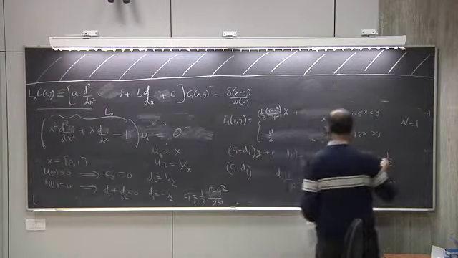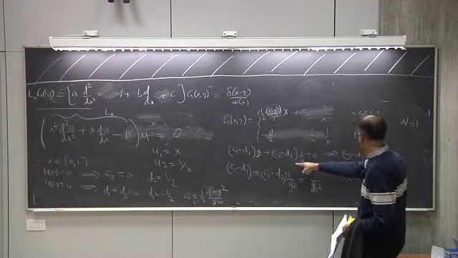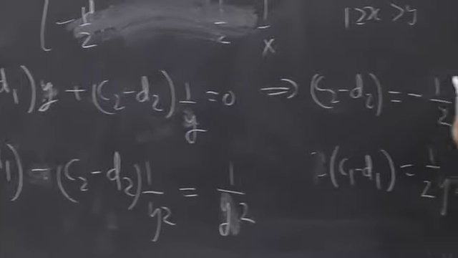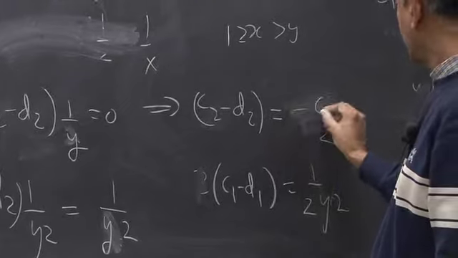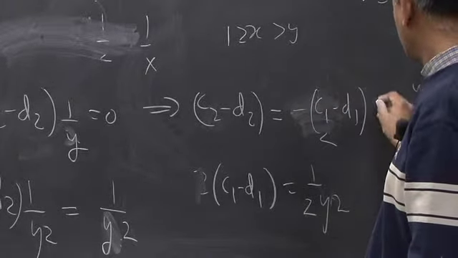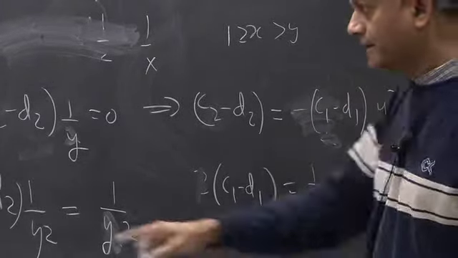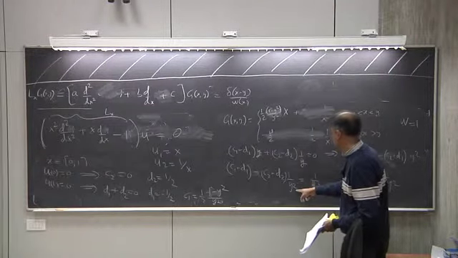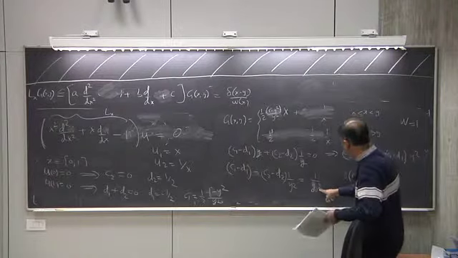Let's start from here. So this equation tells me c2 minus d2 is (c1 minus d1) times y square, right? Minus c1 minus d1 times y square. And this equation is telling me c1 minus d1, and is that 1 over y square?